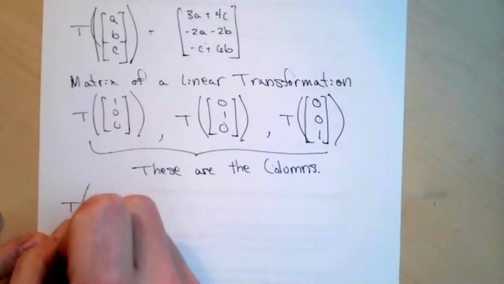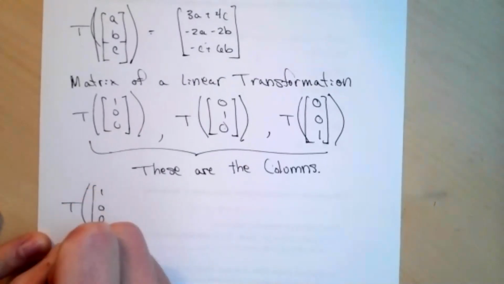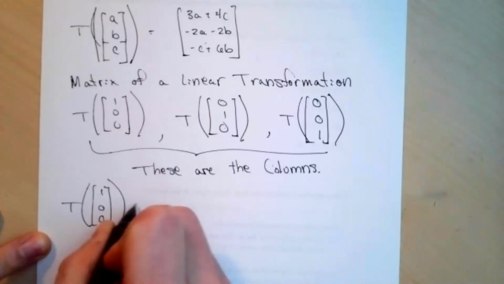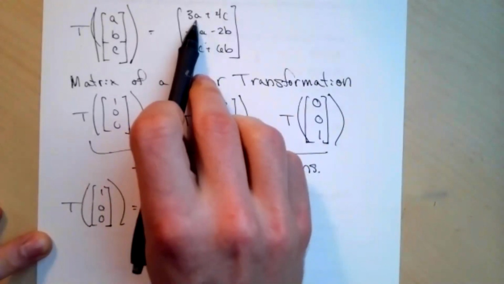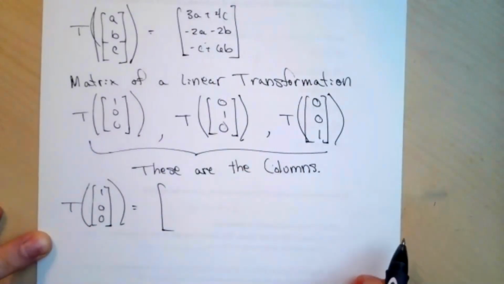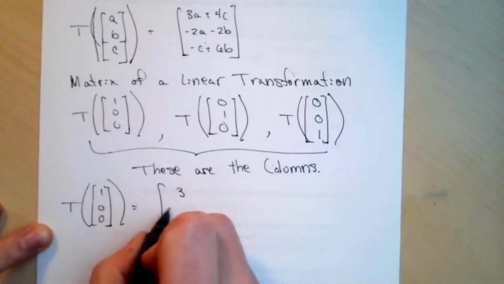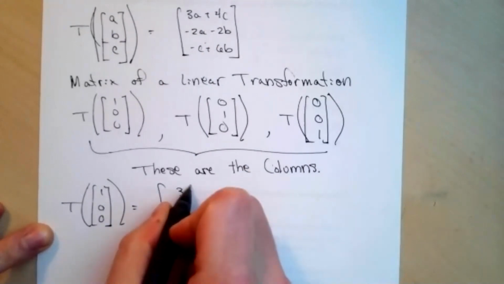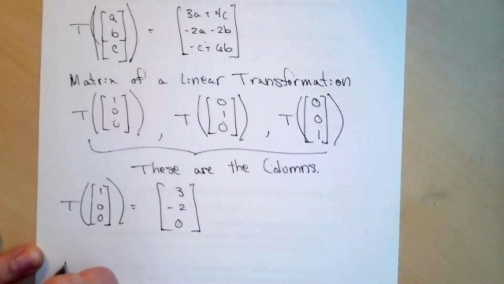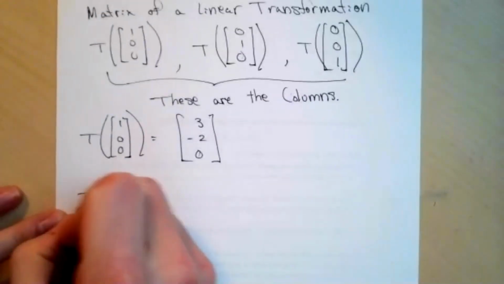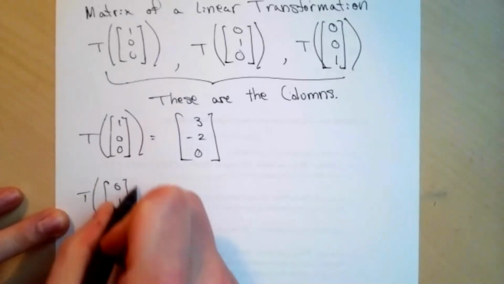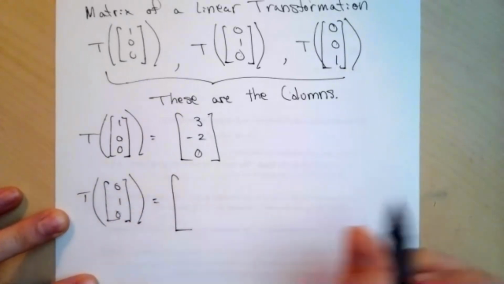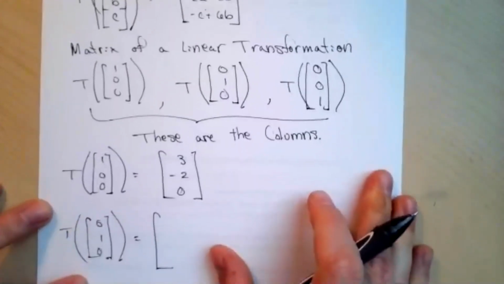What's T of (1, 0, 0)? By the formula, our a is 1, b and c are 0. So that'll give us a 3, a minus 2, and a 0. T of (0, 1, 0): b is now 1, everything else is 0.